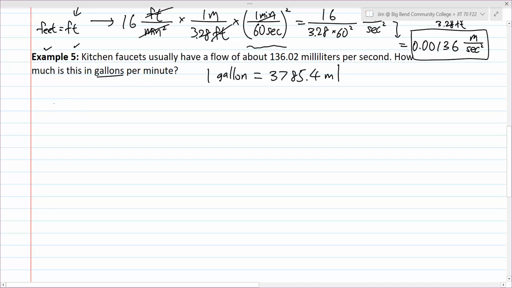Okay, so let's think about this one. 136.02. If you have milliliter per second, then that will be ml over sec. First of all, we have to convert the capacity unit from milliliter to gallon. So we define 1 gallon over 3785.4 ml.